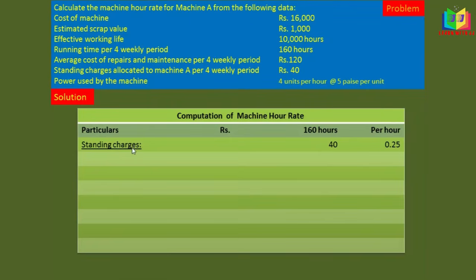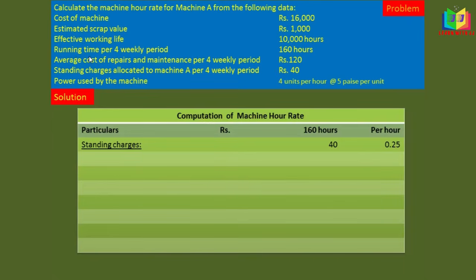First we have to write the standing charges as per the format. The standing charges allocated to machine A for the 4 weekly period is 40. For 160 hours it is 40. For 1 hour, if we divide 40 by 160 we'll get 0.25.